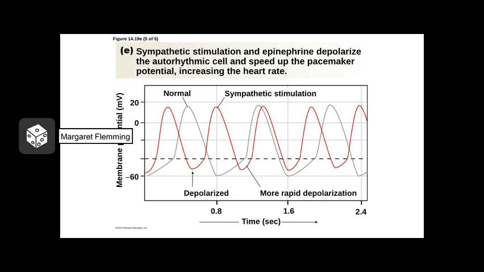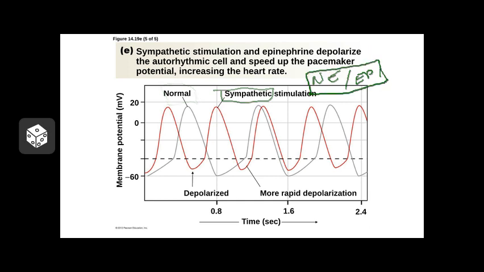This slide shows the effect of sympathetic stimulation. Again, here is the normal rate of pacemaker depolarization compared to when we apply norepinephrine or epinephrine to the SA node. If we apply norepi or epi to the SA node, the membrane doesn't reach -60. It stops slightly above it.